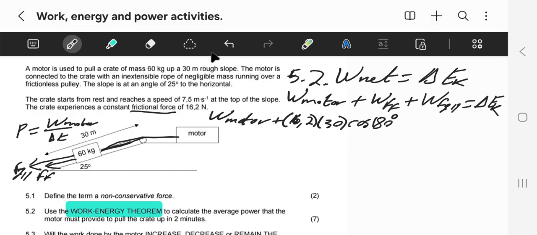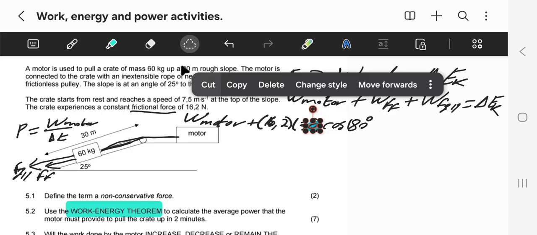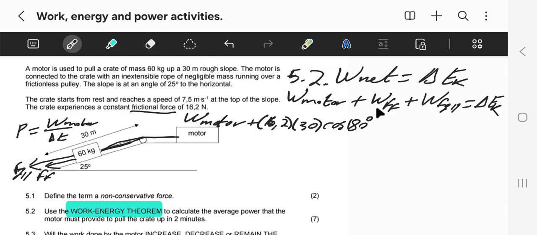Since this is the work done by friction, that's what we are going to have. Right, guys, and then we have the work done by gravity, and the work done by gravity in this case will be the force of gravity parallel, which is mg.